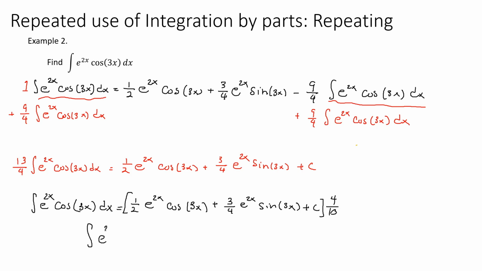So the integral of e to the 2x times cosine of 3x dx will equal 2 over 13 e to the 2x cosine of 3x plus 3 over 13 e to the 2x sine of 3x plus c, which will be our final answer.